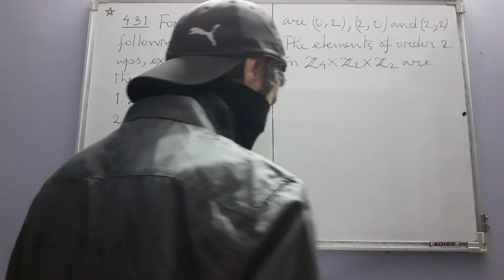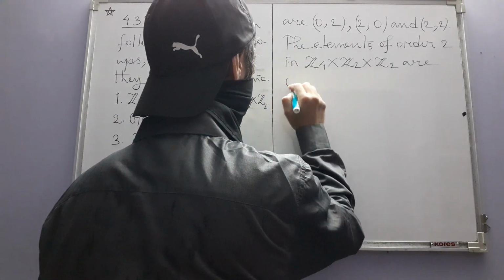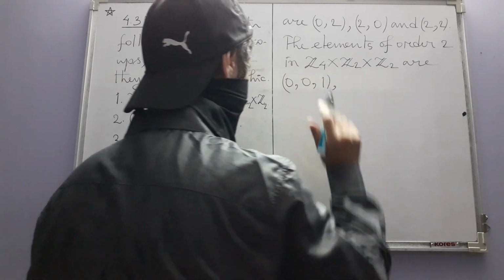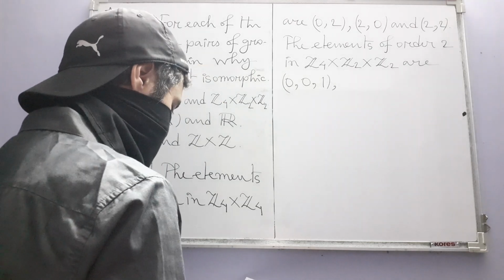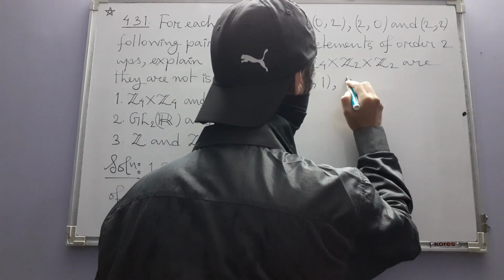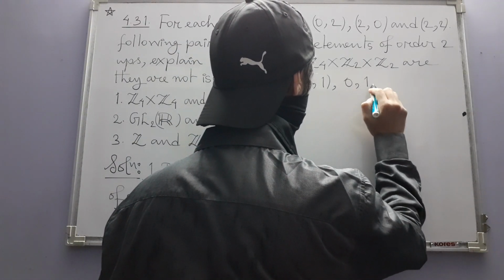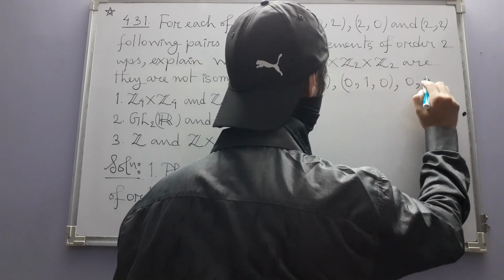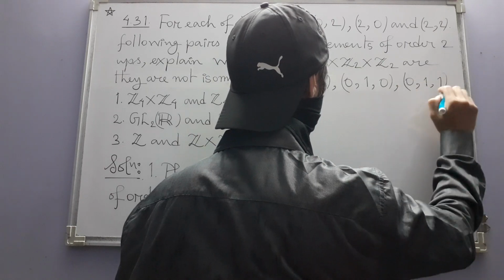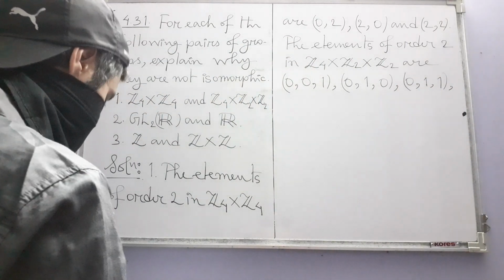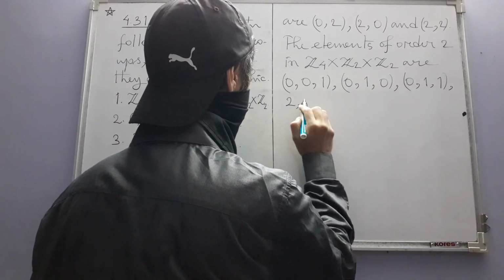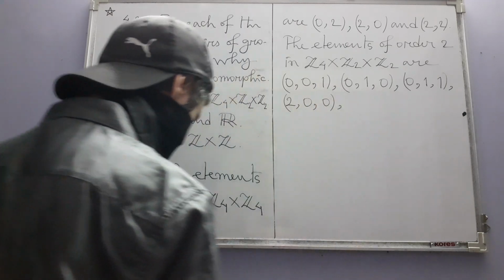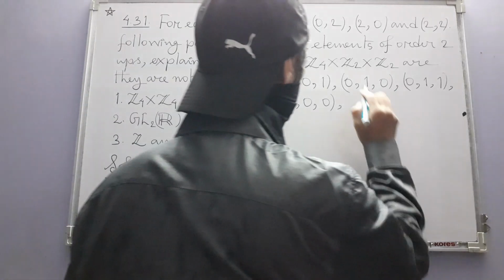Let me just write what they are: (0, 0, 1), then (0, 1, 0), (0, 1, 1), then (2, 0, 0), (2, 1, 0) and (2, 1, 1).